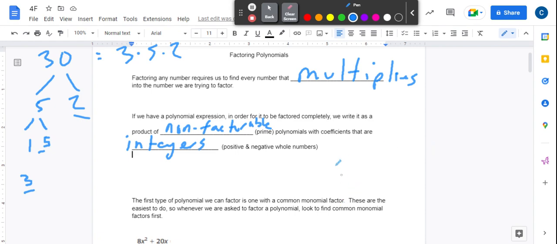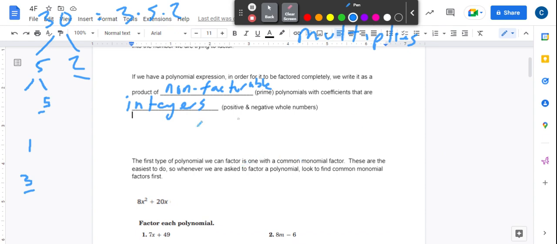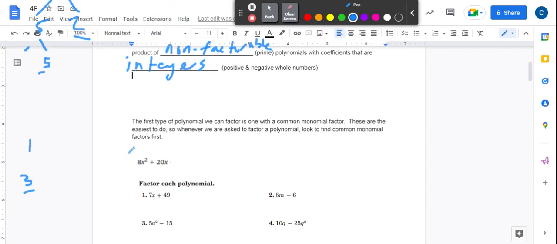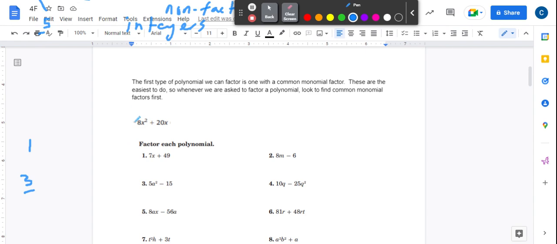I'm going to give you an example here, and I'm going to create another example too. Here we have a polynomial where we have a common monomial factor. These are kind of the easiest, the simplest ones. We have 8x squared plus 20x. We want to factor it. First, we find out what multiplies into both terms.